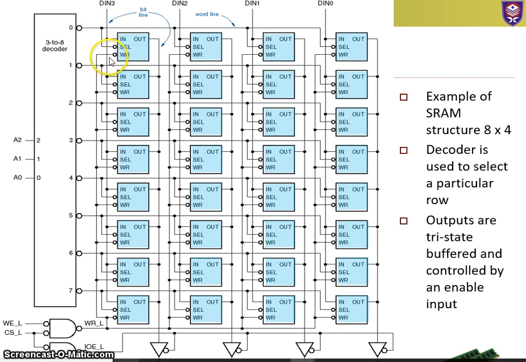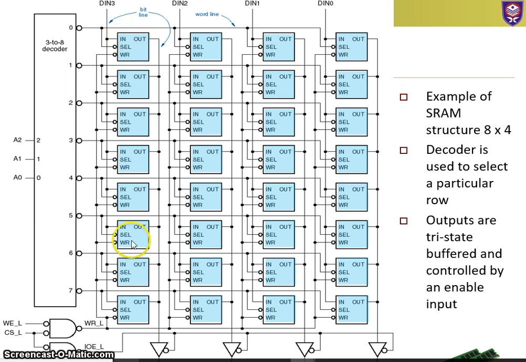So you have a bit line over here, which is to write data. Out, the bit line over here is to read data, and it is connected to the buffer over here and to the output. And in this example we have 8 by 4.